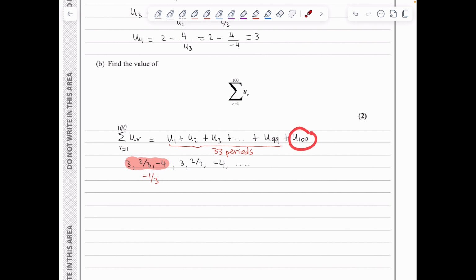And then u100 is going to be the first term of a new period, so this is simply the number 3. So the summation of ur from r equals 1 up to 100 is going to be 33 times minus 1 over 3 plus 3, which gives an answer of negative 8.